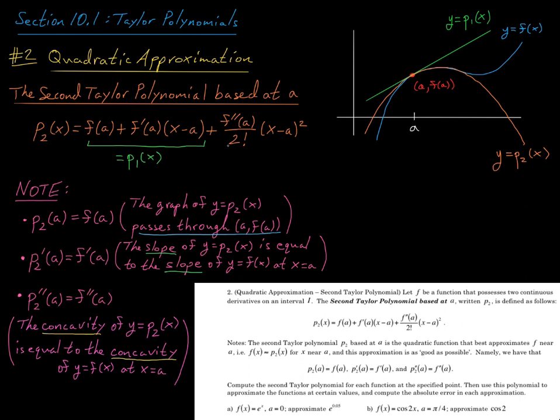The other thing I want to note is that if I look at the second derivative of p2, what am I going to get? Well, the derivative of f of a is 0, and so its second derivative is certainly 0. The second derivative of this linear term is also 0, because the first derivative is just f prime of a, since I'm really just differentiating x minus a, and then differentiating again, I'll be differentiating that constant, which gives 0.